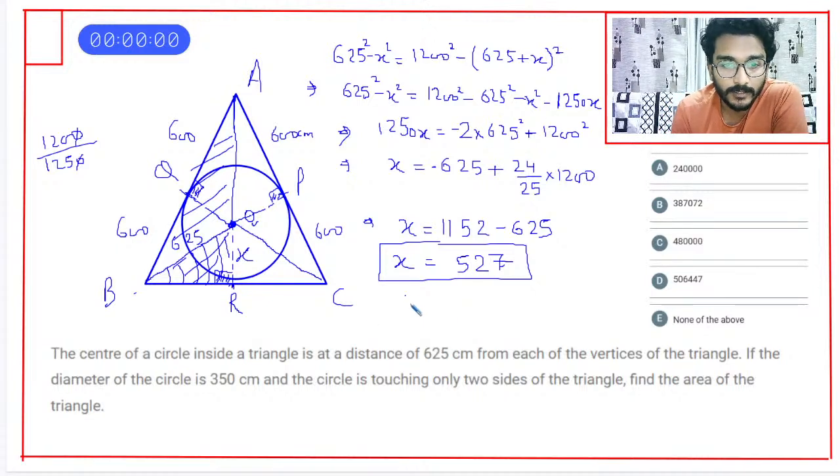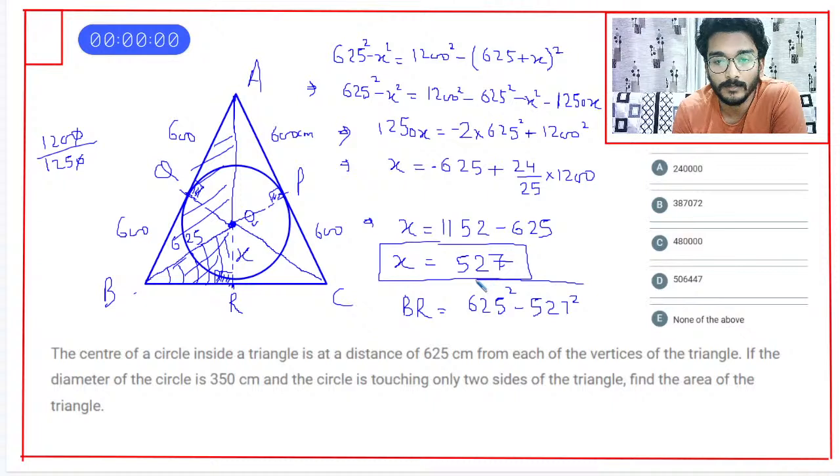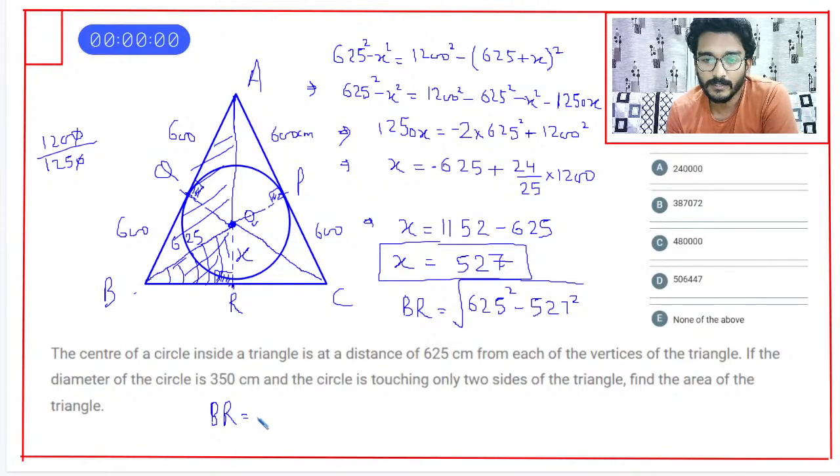हाँ अब क्या निकालना है, एरिया ऑफ ट्राइंगल. So let's just find it. x आ गया हमारे पास, तो ये टोटल हाइट आ गई मेरे पास. मैं BR निकाल सकता हूँ, BR निकाल लेते हैं. 527. ओके, तो BR is like this, a Pythagoras theorem. I am just using the calculator. 5625 स्क्वायर माइनस 527 स्क्वायर and square root of 112896.